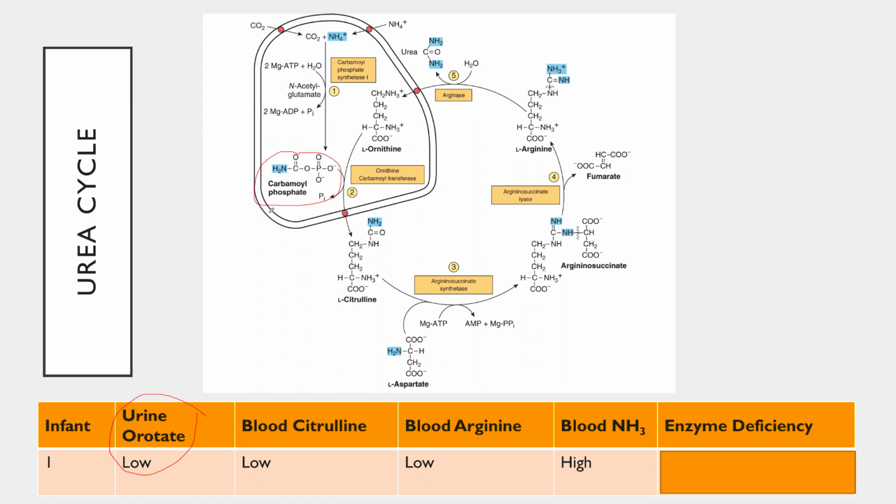And carbamyl phosphate is subsequently used in pyrimidine synthesis, and one of those intermediates of pyrimidine synthesis is orotate. So given that there's two metabolic pathways that can accept carbamyl phosphate, what happens is in deficiencies of the urea cycle that cause an accumulation of carbamyl phosphate, the carbamyl phosphate can then enter into pyrimidine synthesis and be used in the synthesis of orotate.